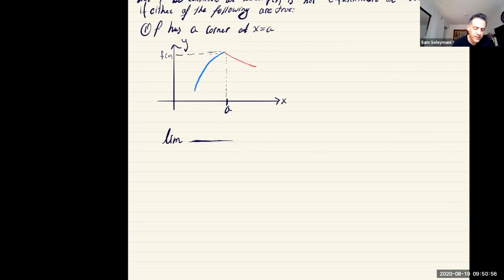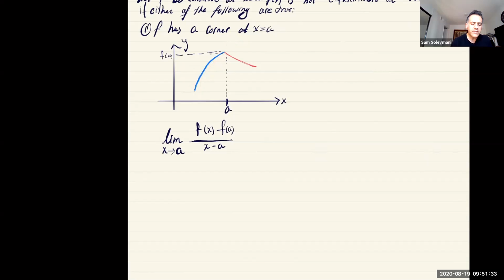So let's look at the slope of the tangent line. It's f of x minus f of a divided by x minus a, and here x is going to a. Now, if you're looking at the left, here's that secant line. This is f of x.